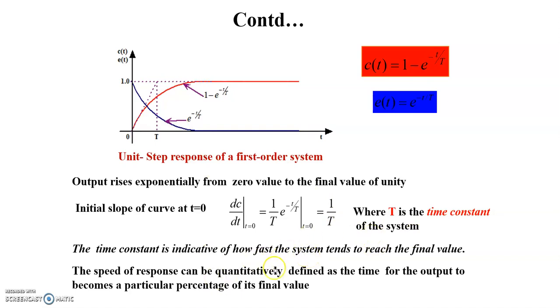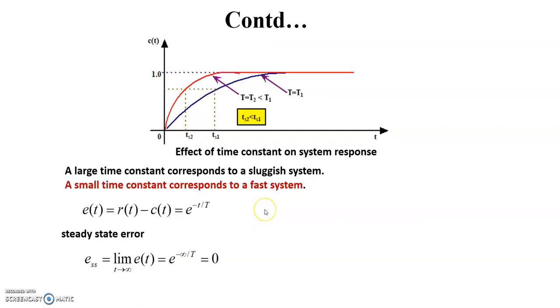The speed of the response can be qualitatively defined as the time for the output to become a particular percentage of its final value. This shows the various effects of the time constant on the system response. Here this one is the tau value, tau equal to tau 1, and this is the response for tau equal to tau 1.